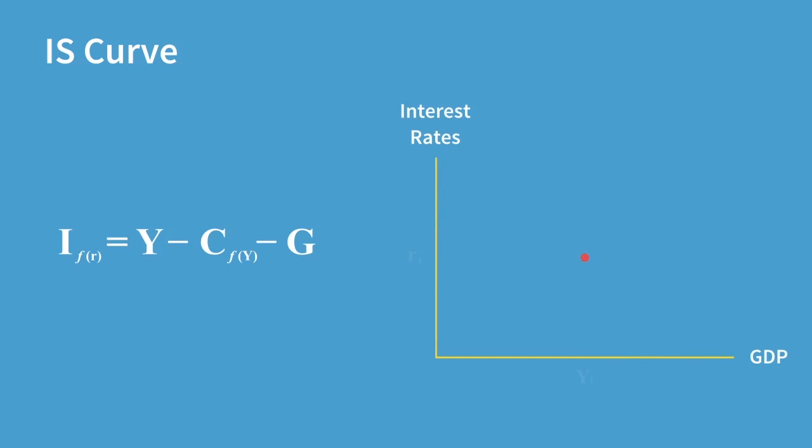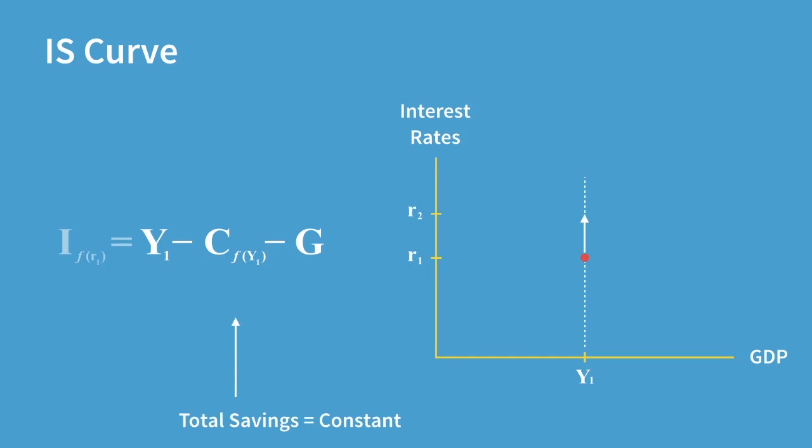Let's assume this red dot is a point on our IS curve. At this point, where real interest rates are at R1 and GDP is at Y1, we are saving and investing in equal measure and our equality holds. If we hold GDP constant at Y1, then the entire right side of this equation will remain constant.